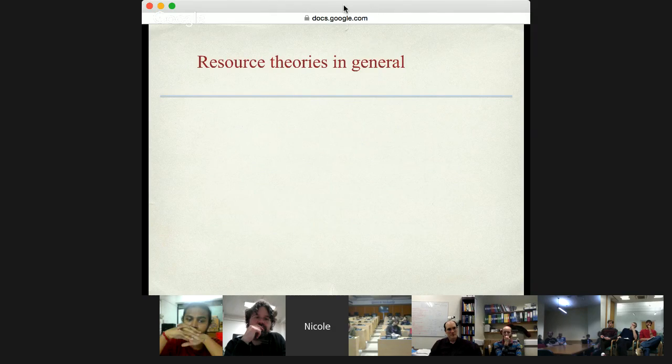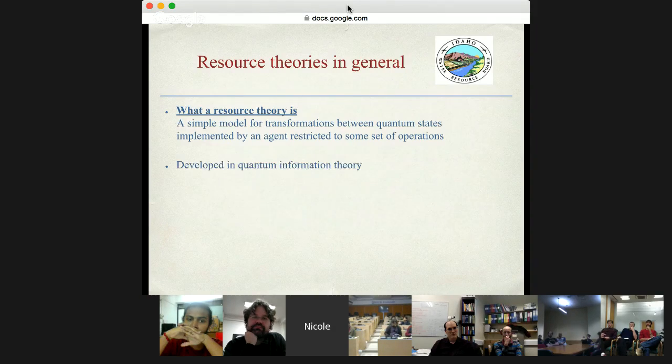First, I'd like to talk about the resource theory framework. We all have some idea of what a resource is. A resource is something useful, and things are useful when there are constraints, when there's scarcity. Different things are useful in different contexts. The resource theories are models developed within quantum information theory.